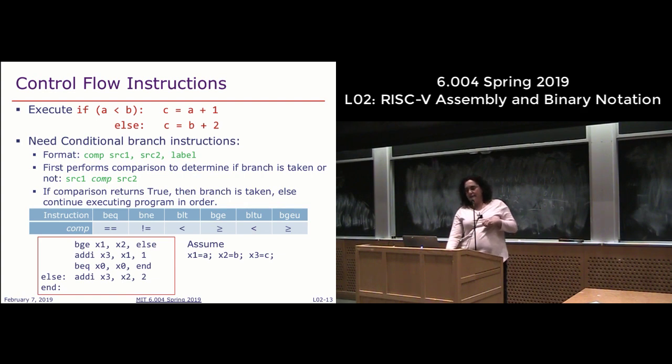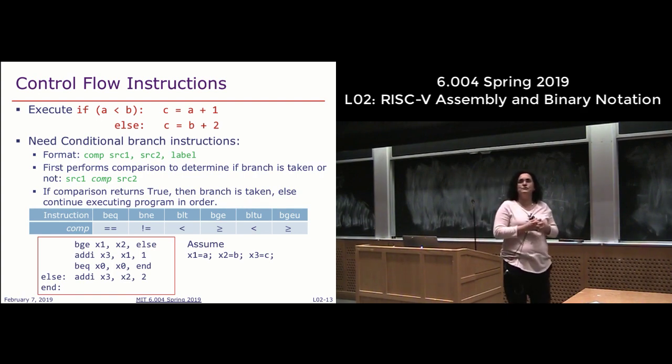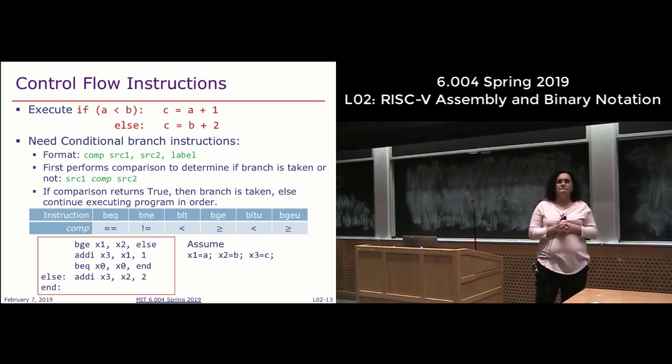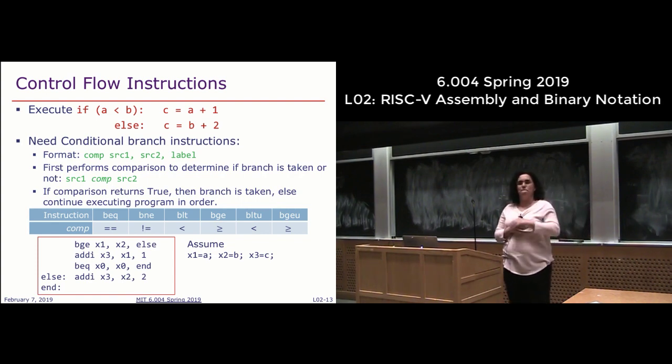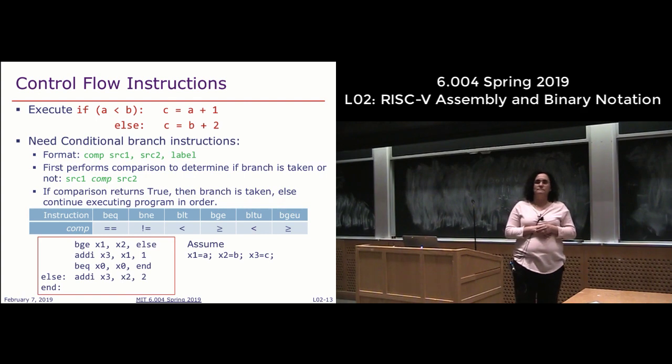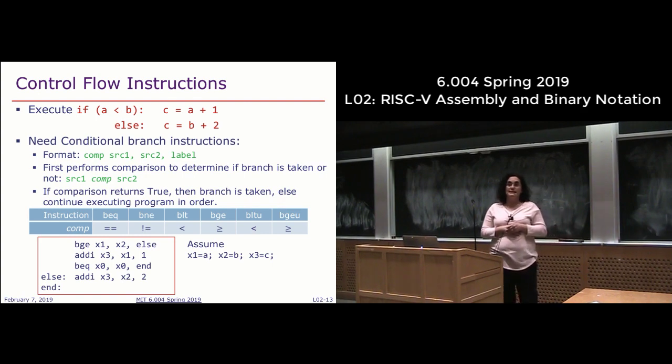If I don't go to the else, then I'm going to execute this next instruction, which is going to do my C equals A plus 1. And what is this instruction right here, BEQ x0, x0, end doing? Yeah? If A is less than B, then you want to skip the else. Exactly.